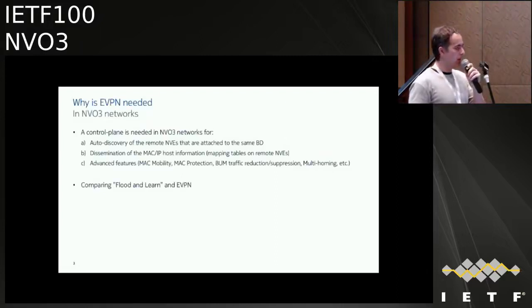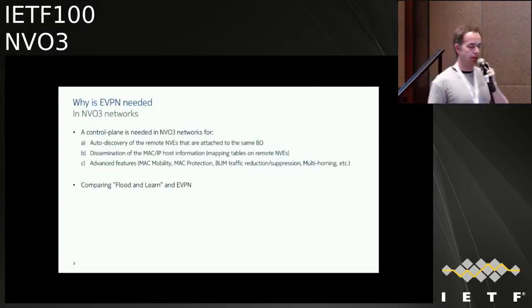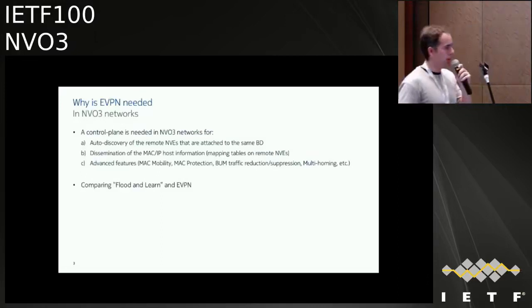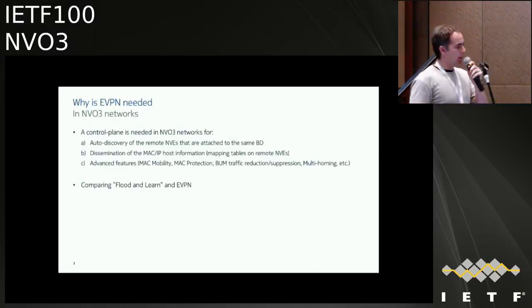We also need the dissemination of the MAC and IP host information, these mapping tables that you need on the NVEs in order to forward the packets within the same tenant. And you also need some advanced features, things like mobility or MAC protection or the reduction or suppression of the bump traffic, multi-homing, just to name a few. So all these things you can do with EVPN.